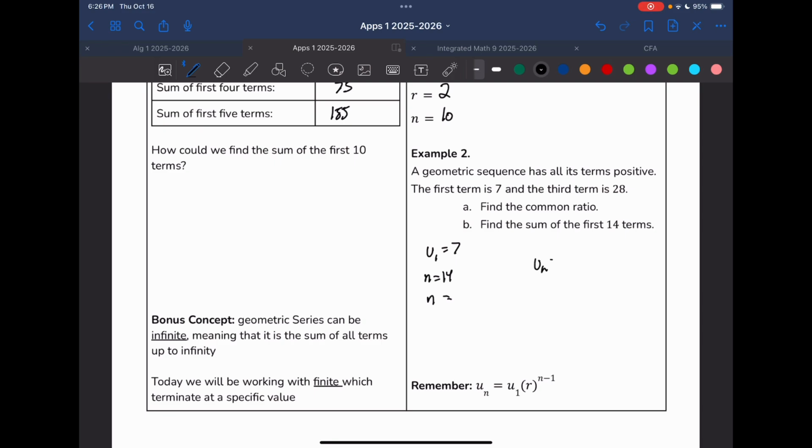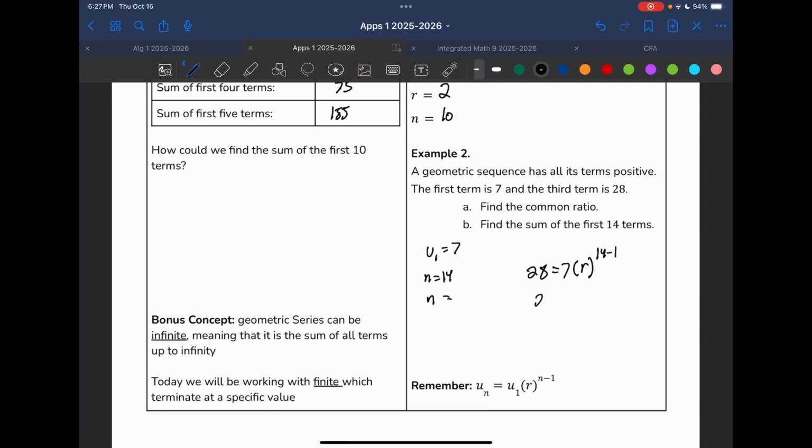So we have un is equal to u1 times our common ratio, which is what we want to find, r, to the n minus 1. So un is 28, right? 28 is equal to 7 times r to the n minus 1, and we know n is 14, so it's going to be 14 minus 1.